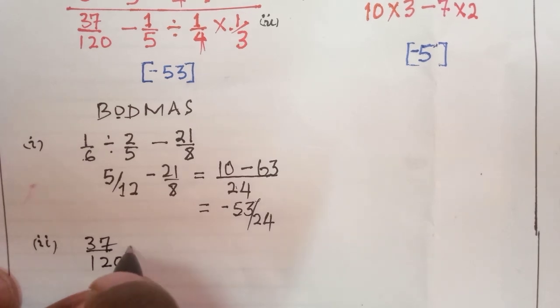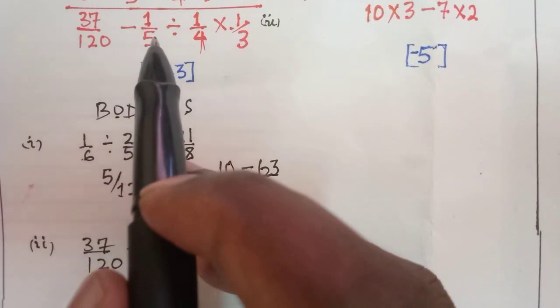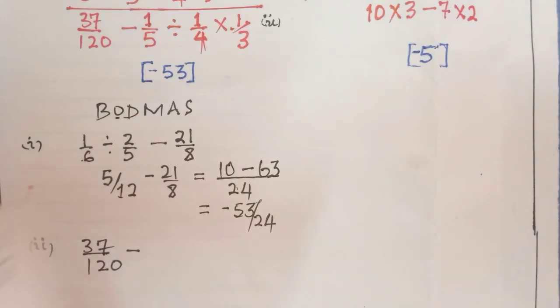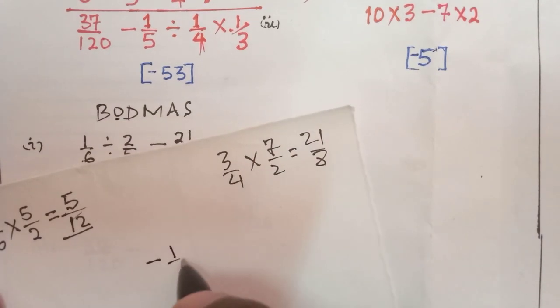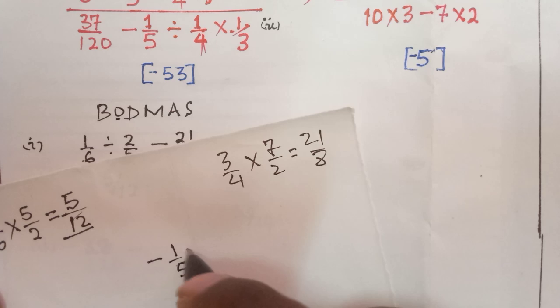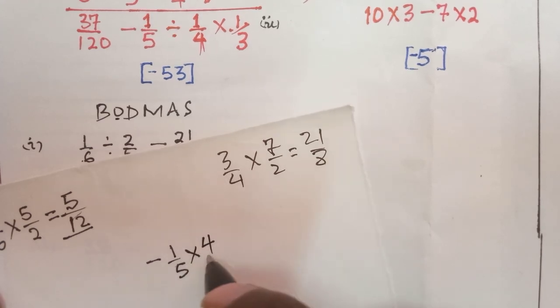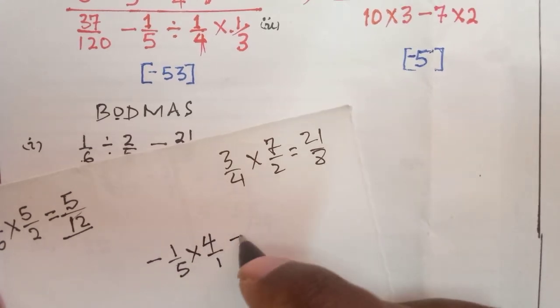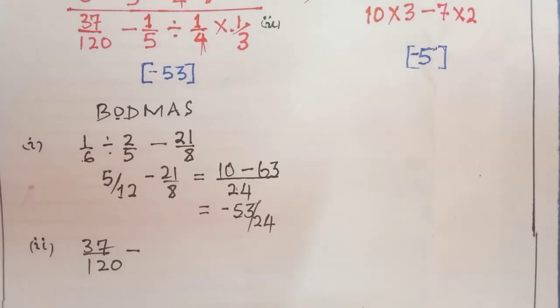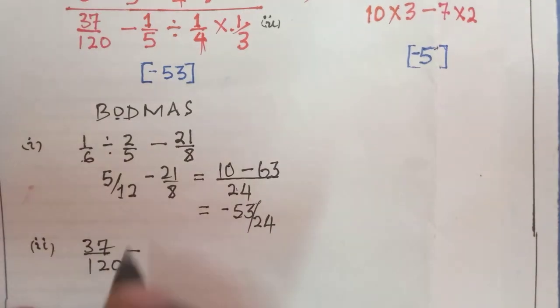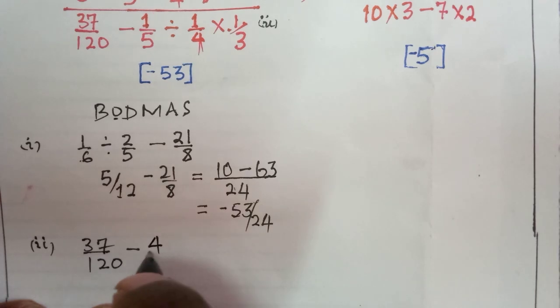Now, minus, I do this first one, guys. And this is how I do it. It will be negative 1 over 5 now multiplied by 4 over 1. So this one comes to negative 4 over 5. So I can write here negative 4 all over 5 like that.